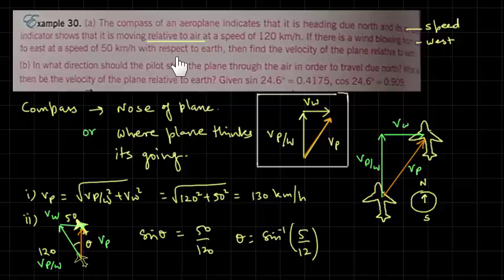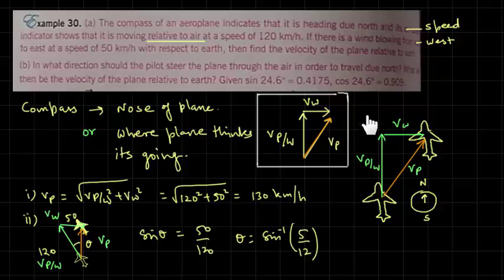That is the speed which is given, and there is a wind blowing from west to east at a speed of 50 km per hour with respect to the earth. Find the velocity of the plane relative to the earth. Now the wind is blowing west to east, so let's draw that wind. This is west to east, Vw, and that speed is 50 km per hour. The compass of the aeroplane indicates that it's heading north. That means its nose is headed towards north.